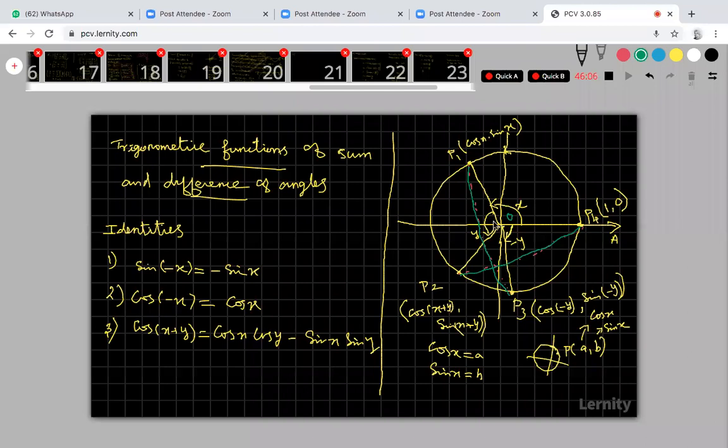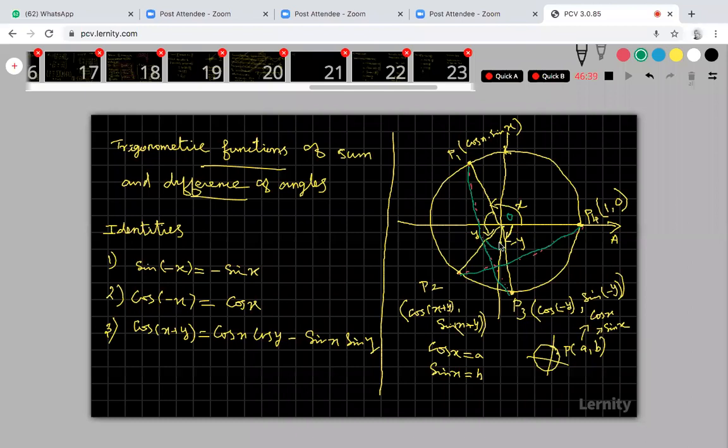And look at the angle: here the angle is y, and here we get the same angle y. The angle between P2 and P3 is common for both triangles. The total angles are the same, in the negative direction, no problem.